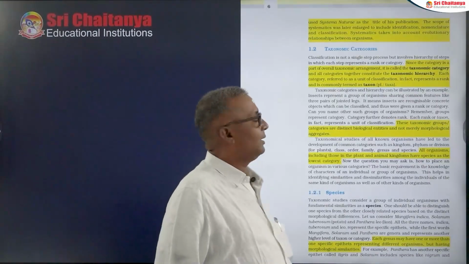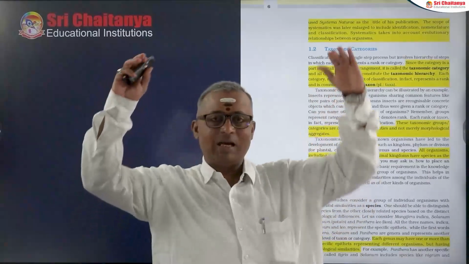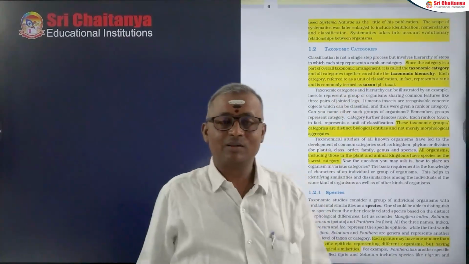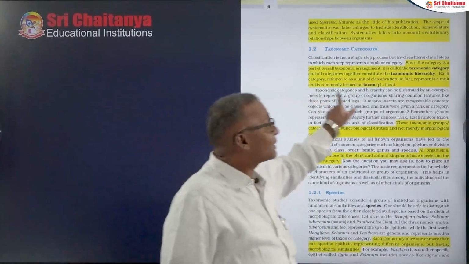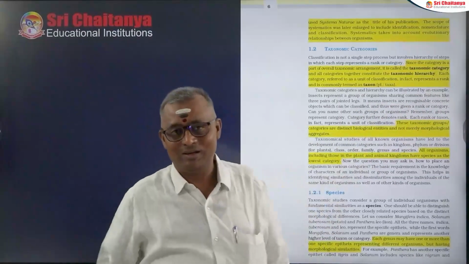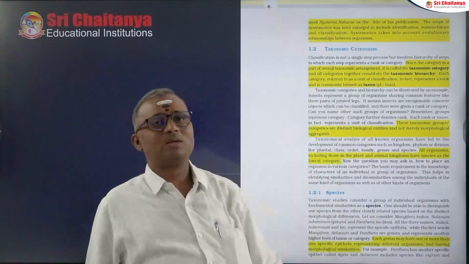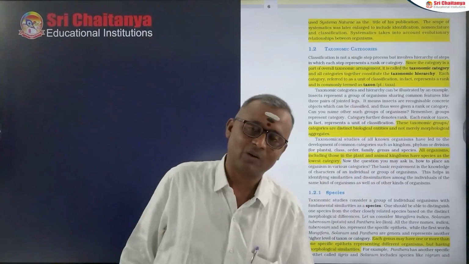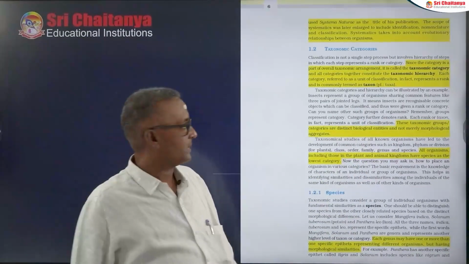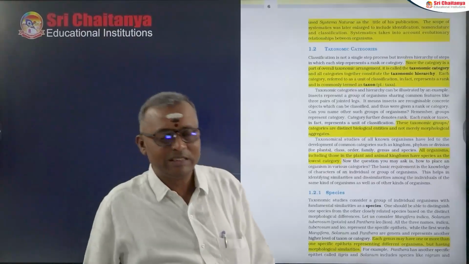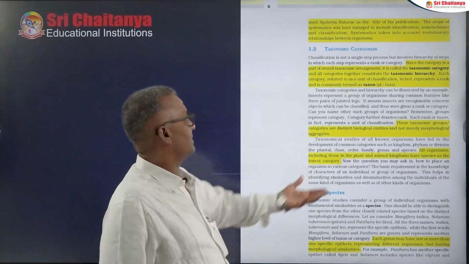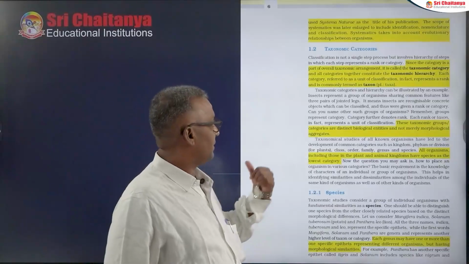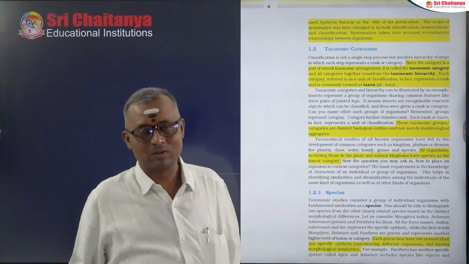And all these categories, from kingdom to species level, together are called the taxonomic hierarchy. This is another important thing. Each category can be referred to as a unit of classification that represents a rank and also a taxon.